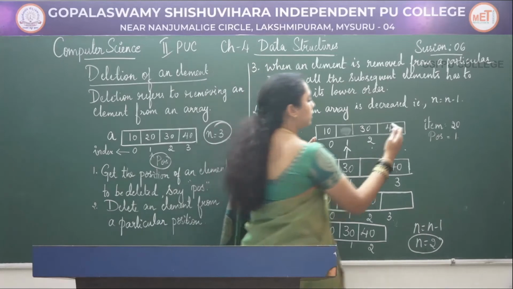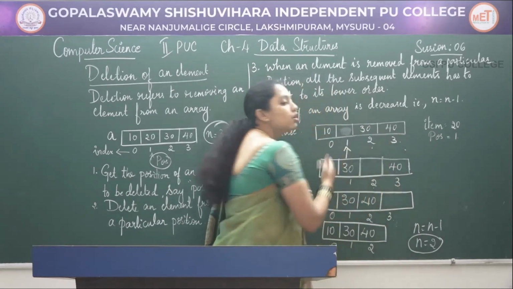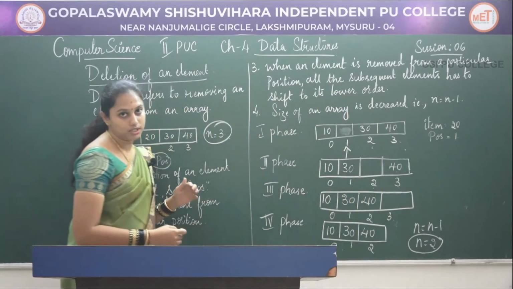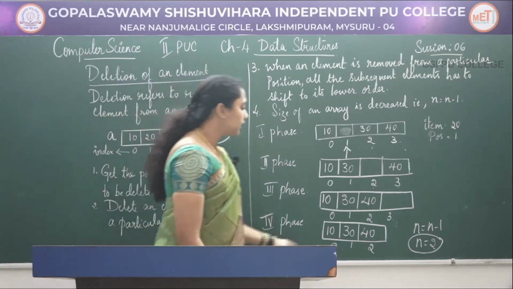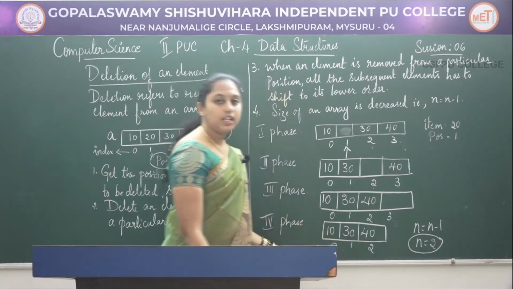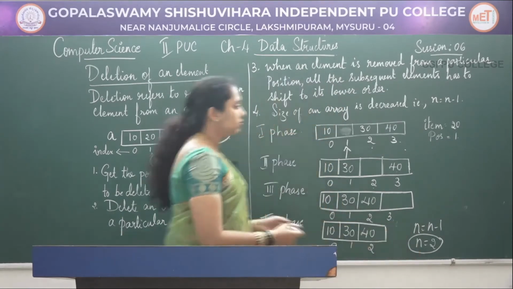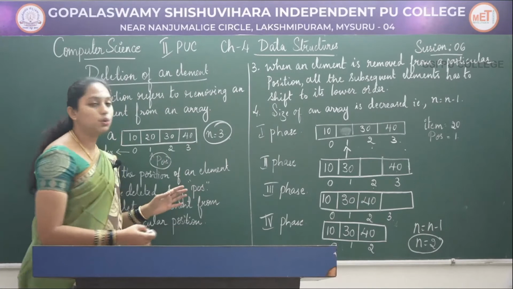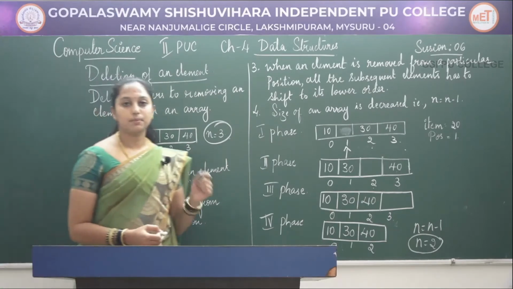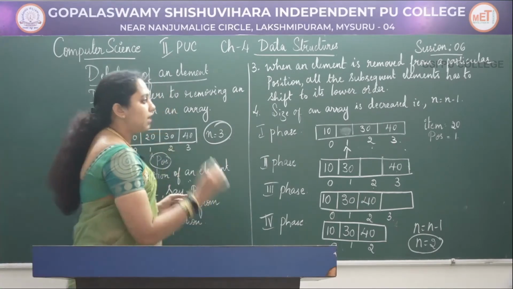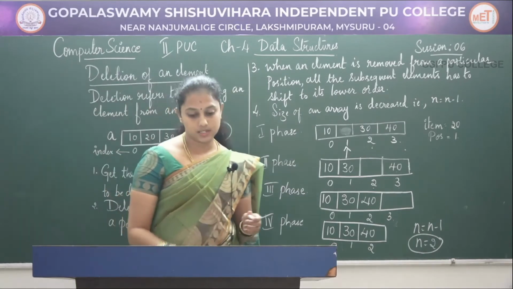So, we are going to shift all the elements to their lower order positions. So, after deleting an element from an array, the array size is decreased. So, this is how we are going to delete an element from an array. Now, let us write an algorithm for this.